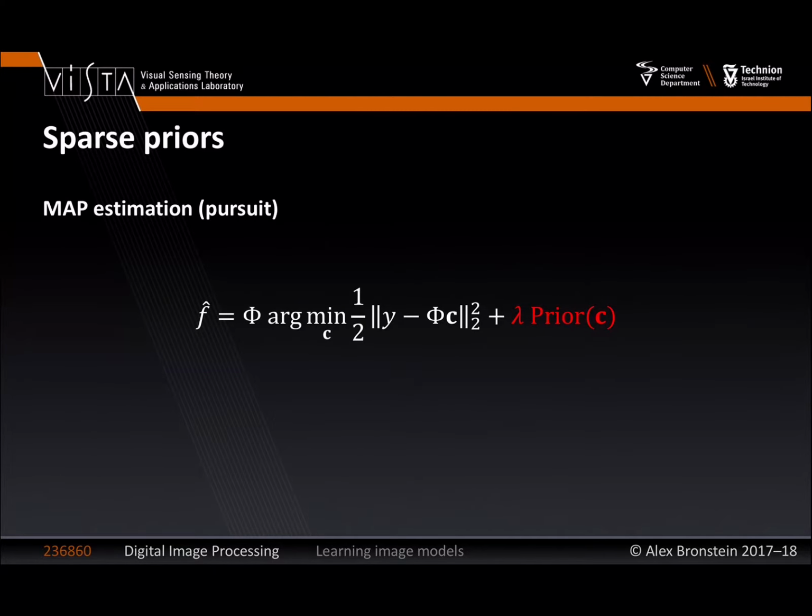So essentially, what we did until now, when we talked about inverse problems, we solved what is called a pursuit problem. It was our MAP estimation. We solved a minimization problem with some data term. From our probabilistic point of view, this was just a negative log likelihood term, right?